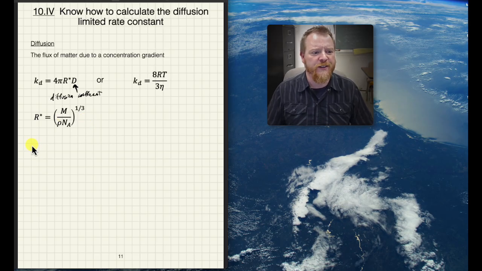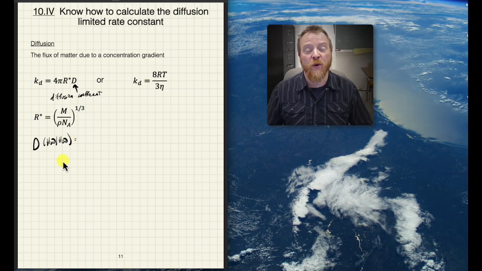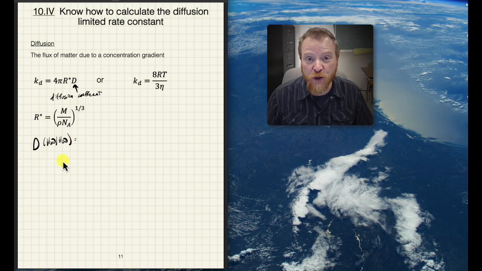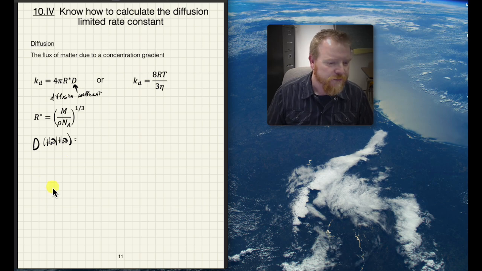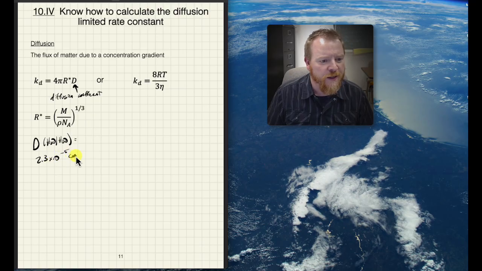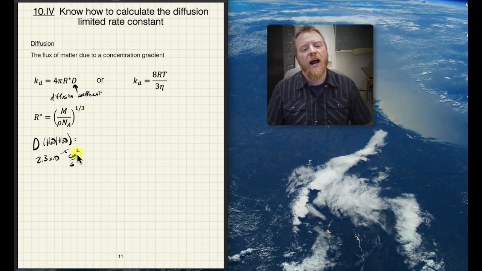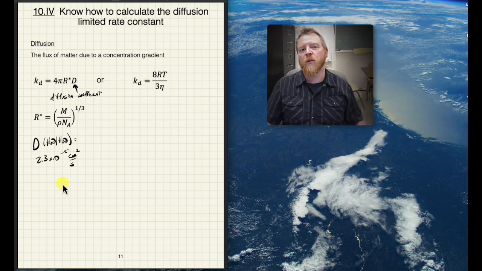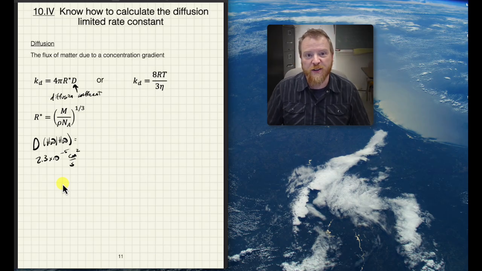So for just a very simple calculation, we'll use the D water coefficient. In other words, the diffusion coefficient for a water molecule diffusing around other water molecules, right? That's roughly about 2.3 times 10 to the minus fifth centimeter squared per second. I'm going to keep everything in the centimeter unit so that we can compare things to the cubic centimeter per molecule per second value.